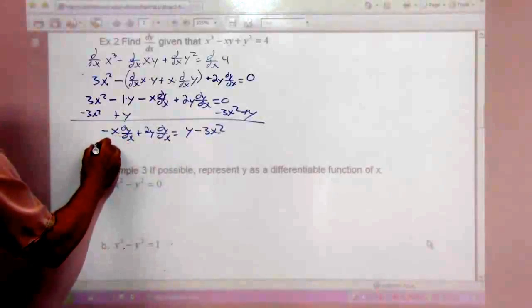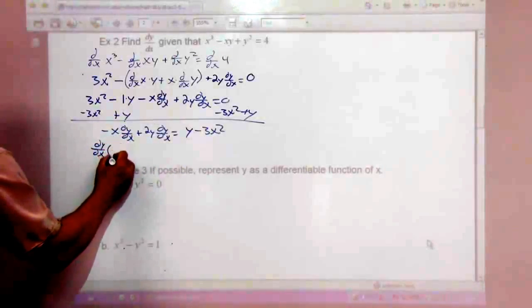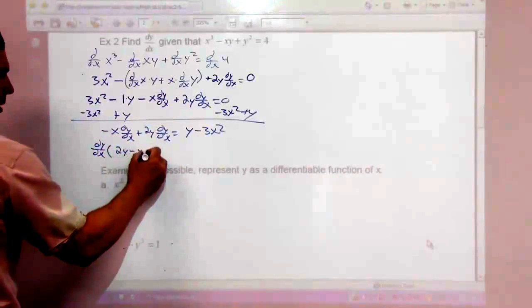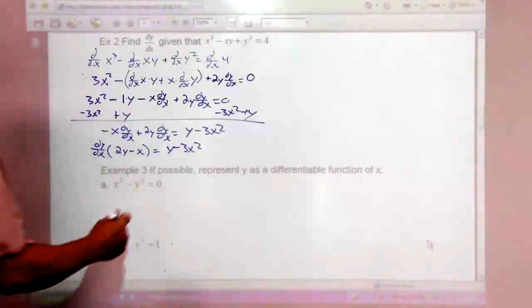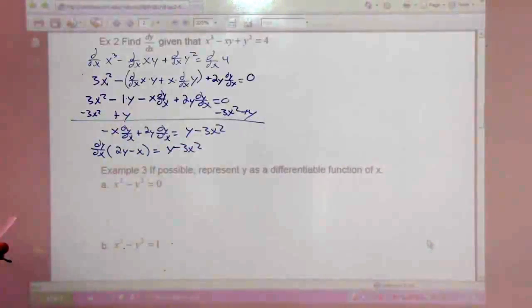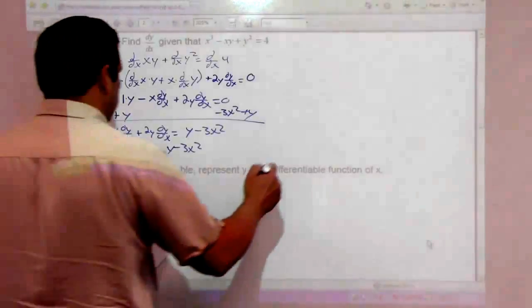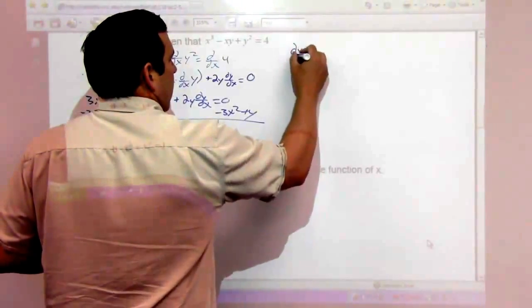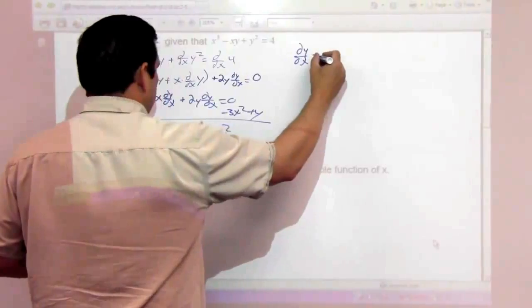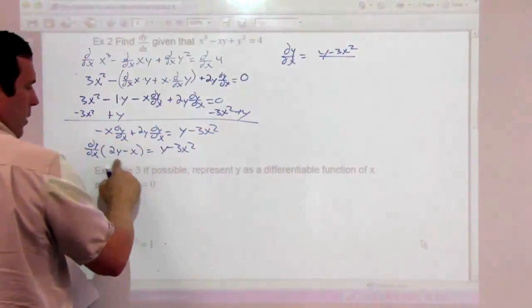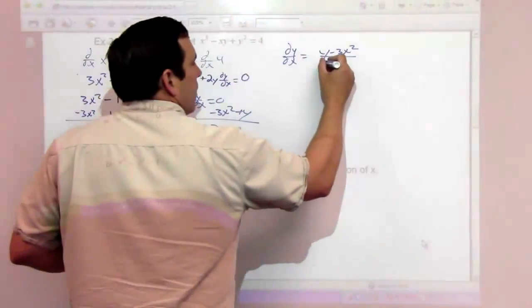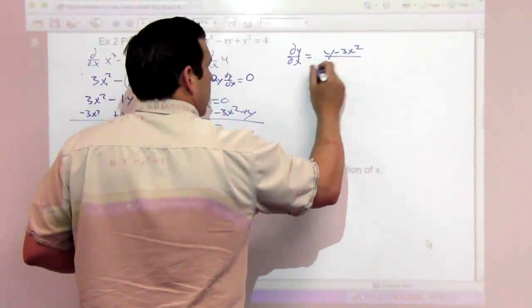So we can factor out the dy dx here, and we have 2y minus x equals y minus 3x squared. So our dy dx would be equal to y minus 3x squared divided by this factor, it would be 2y minus x.